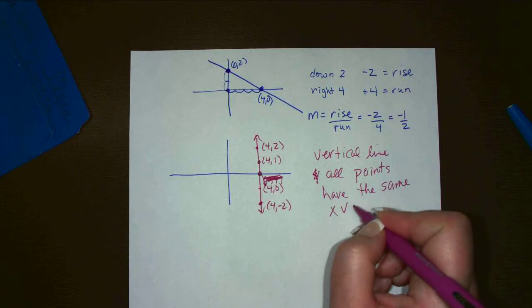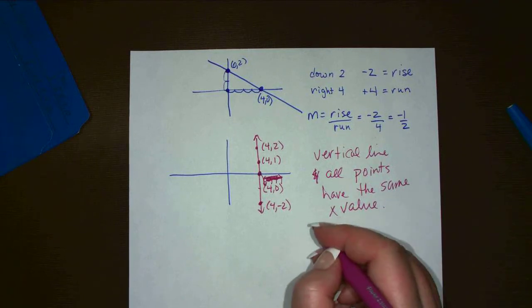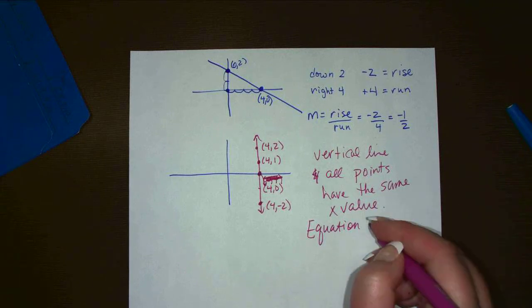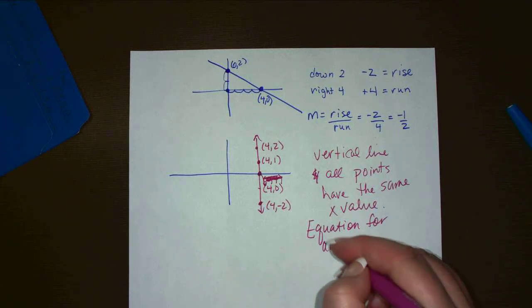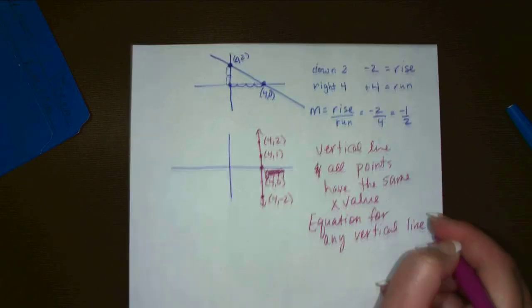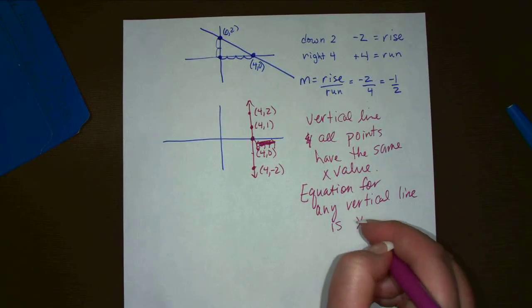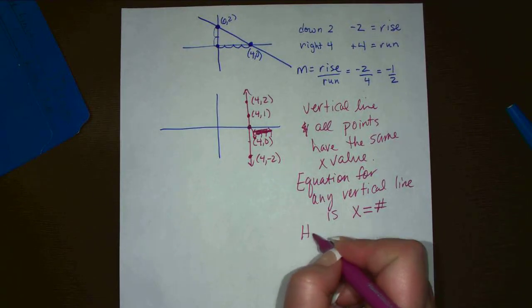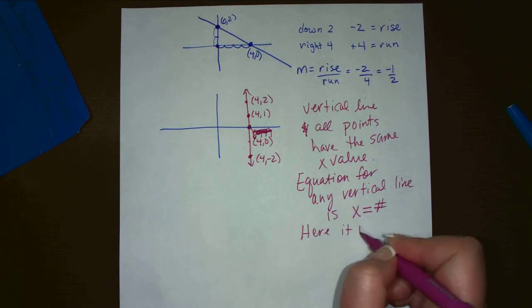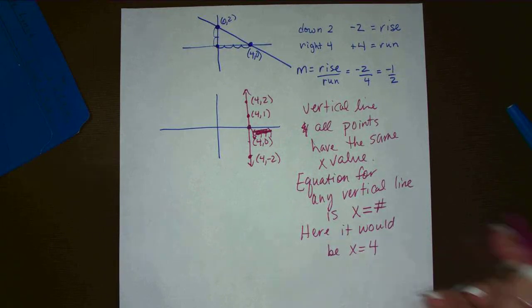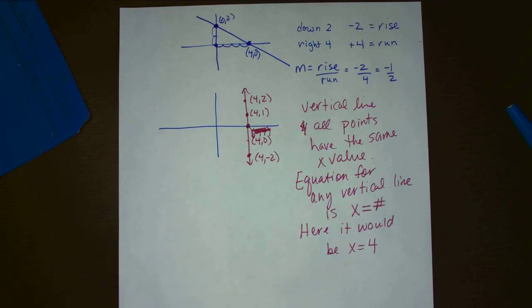The equation for any vertical line. Remember we wrote equations, x plus y equals 4, or 2x minus 3y equals 6.